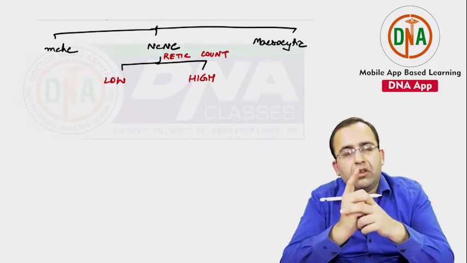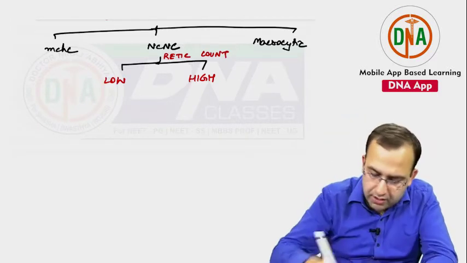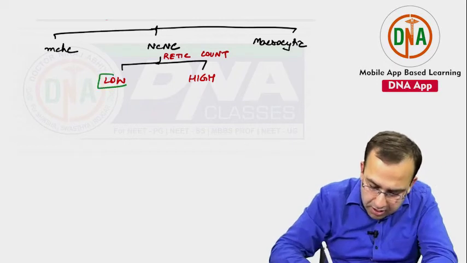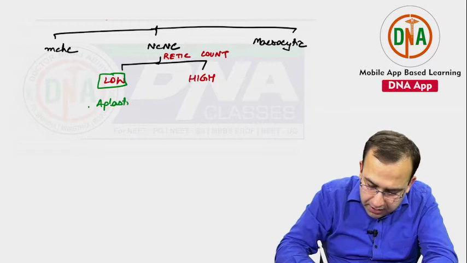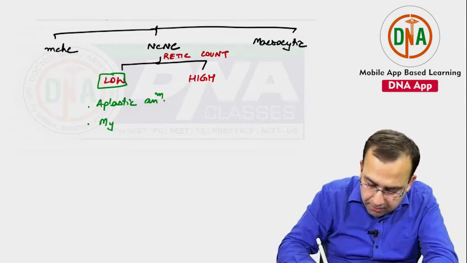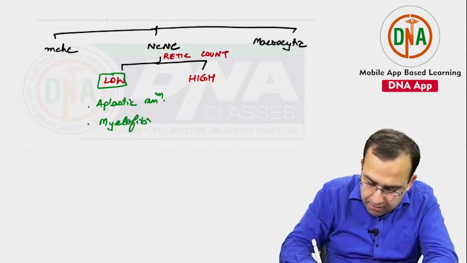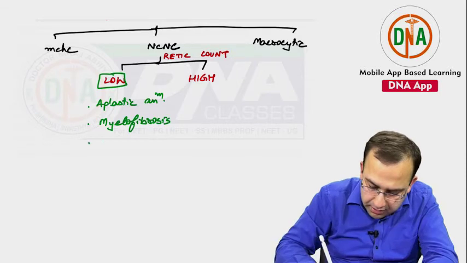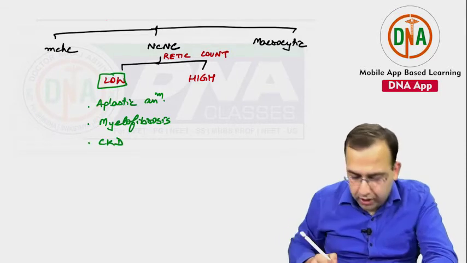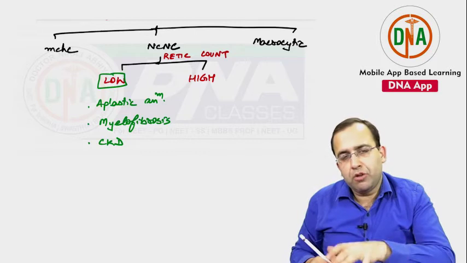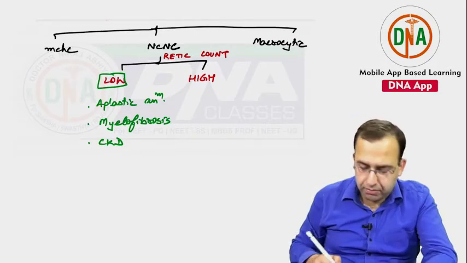We saw low retic count. The causes are the same list: aplastic anemia, myelofibrosis, CKD, chronic kidney disease. This is the same copy-paste list which we saw in the previous topic.